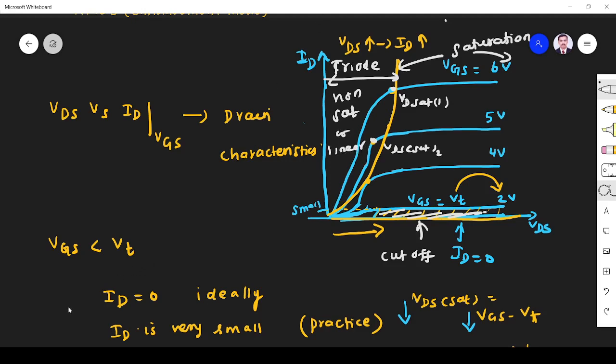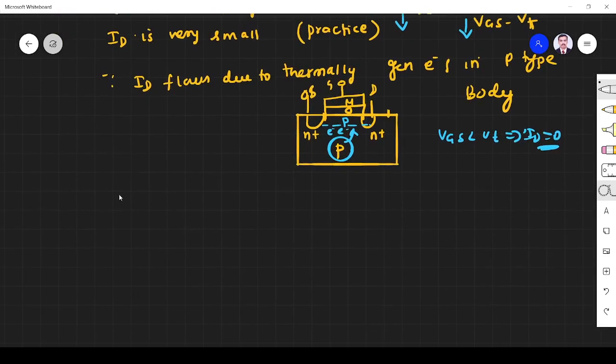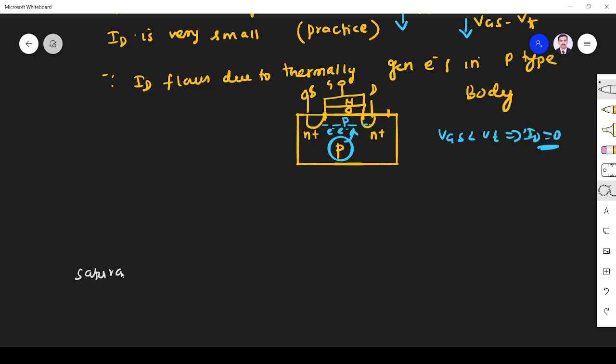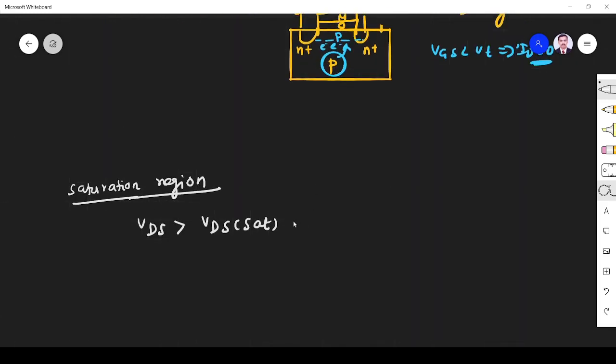Next, in all the regions we have a current equation. The derivation is not important for us, so let us write the current equation. First we define the saturation region. The saturation region is one where VDS is greater than VDS sat, which is equal to VGS minus VT.